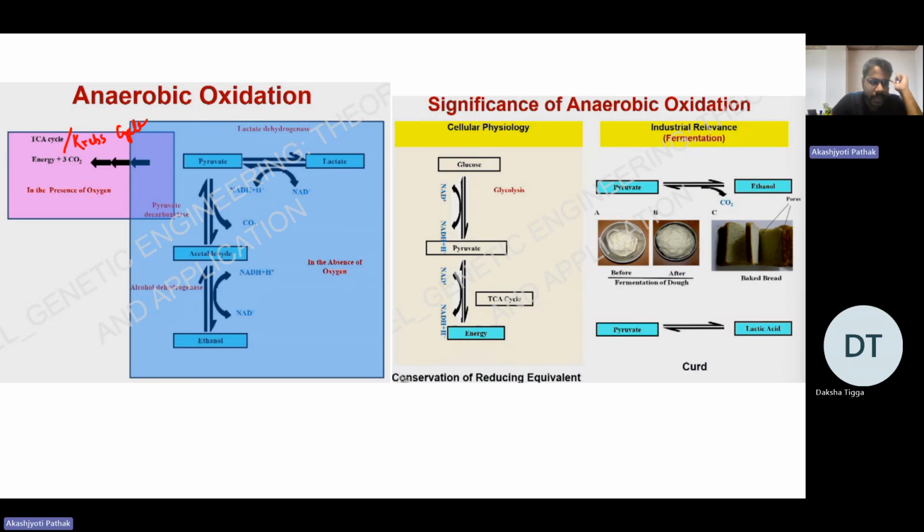So in the absence of oxygen, there can be two pathways that can take place. One is the lactate dehydrogenase pathway, and another is the alcohol dehydrogenase pathway. In the lactate dehydrogenase pathway, your pyruvate is converted into lactate, and in the alcohol dehydrogenase pathway, your pyruvate is first converted into acetaldehyde, and then acetaldehyde is converted into ethanol.